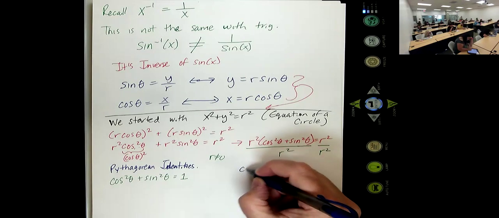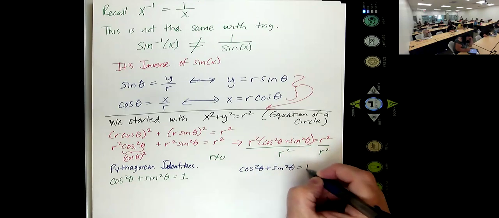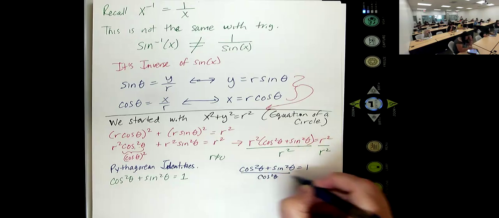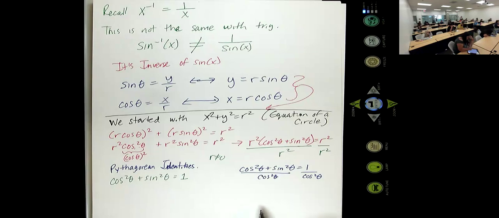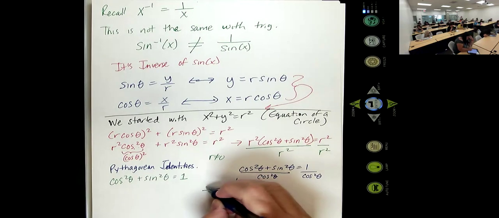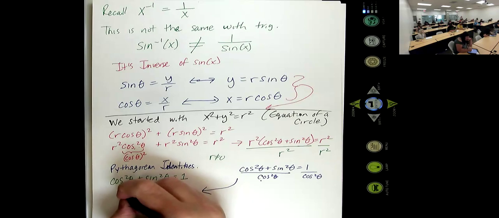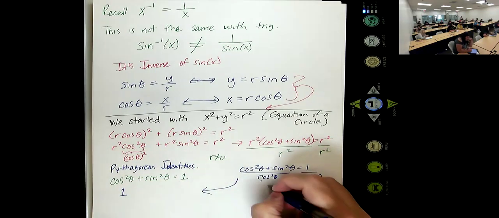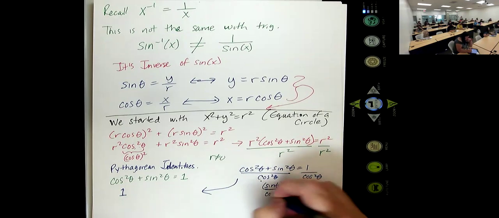But if I start with cosine squared theta plus sine squared theta equals 1, and I divide this by cosine squared theta on both sides, I'm gonna get my next identity. Cosine divided by cosine is just 1, they cancel each other out, this is 1. This is saying sine theta squared over cosine theta squared.